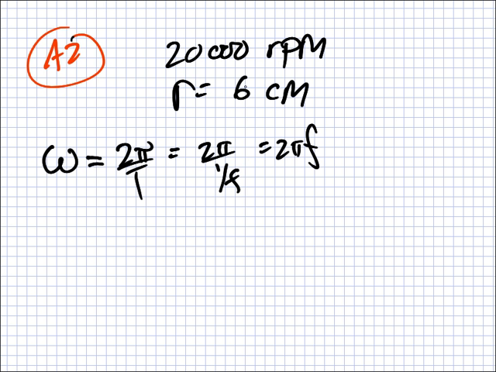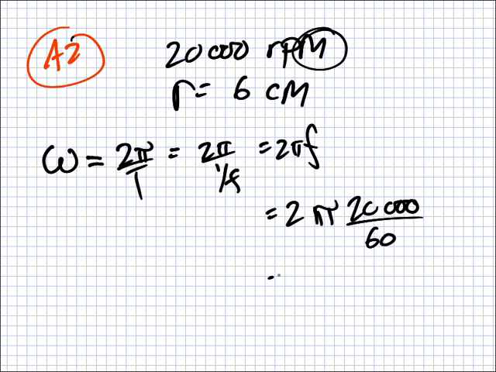The only problem is this is in minutes, and we need it in seconds. So that would be 2 pi times 20,000 over 60. That must equal roughly 2,000, because they said it should be 2,000.